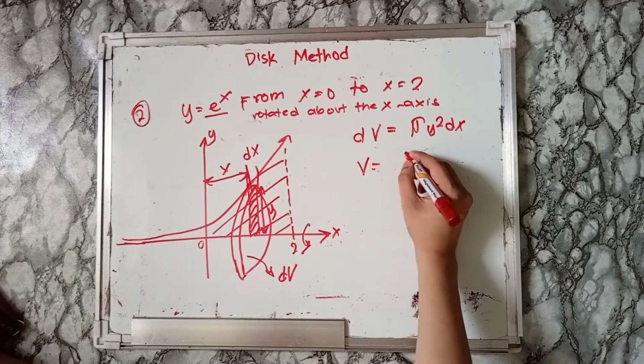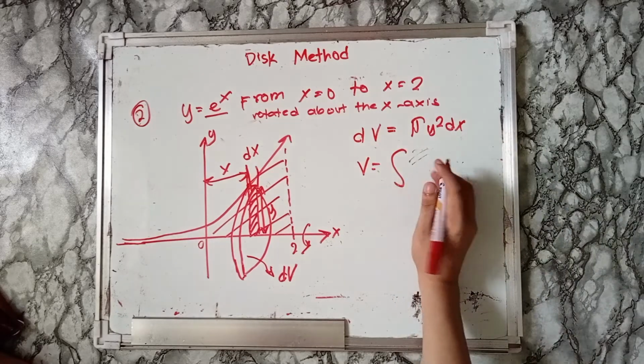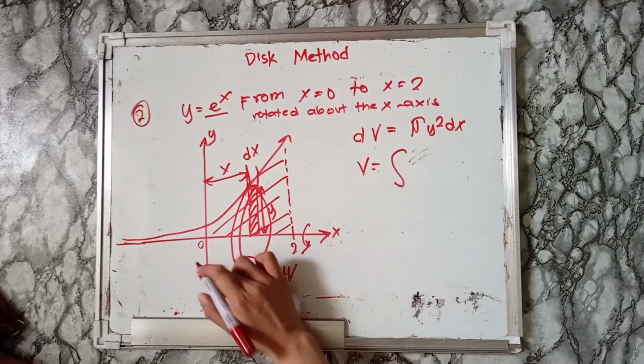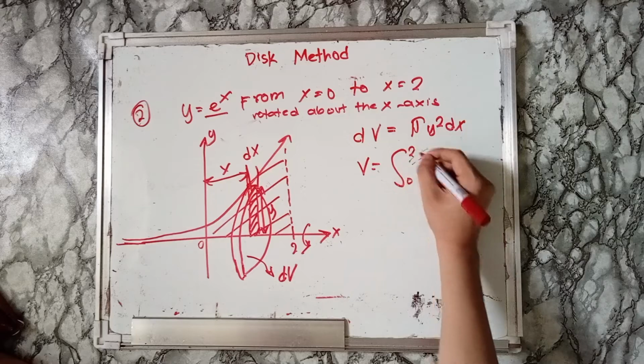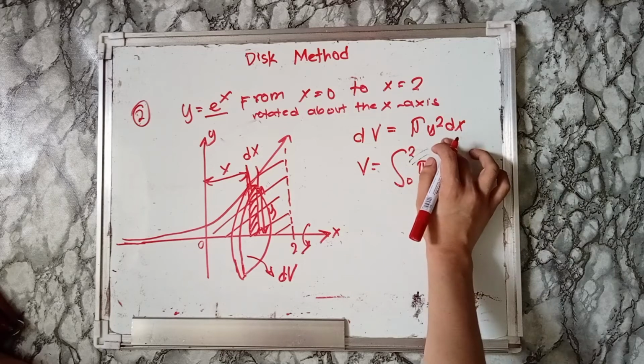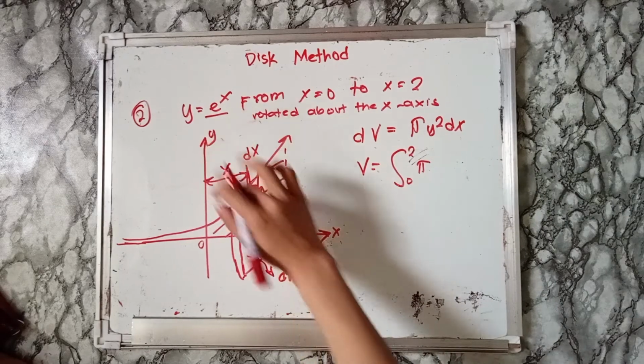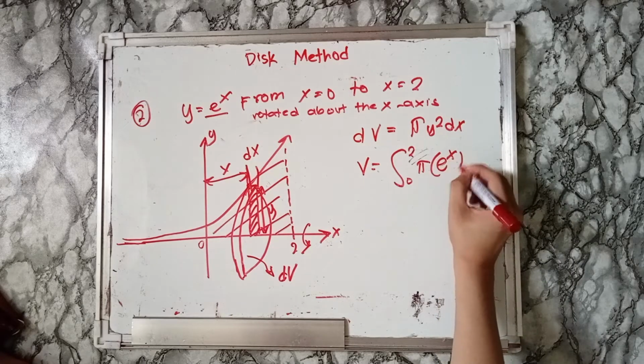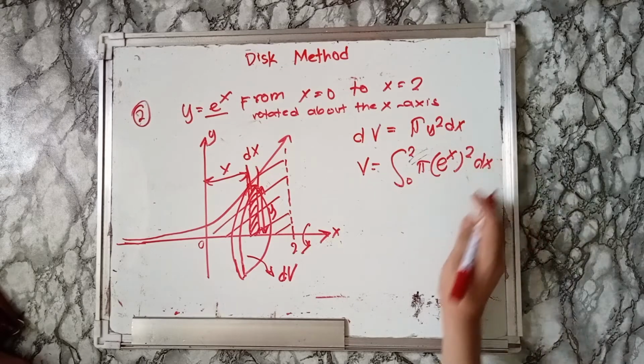Integrate both sides. Volume is equal to the integral. So our limits here are 0 to 2, pi, and our y squared, and our y here is e raised to x, right? So this is just pi times e raised to x, squared, dx.